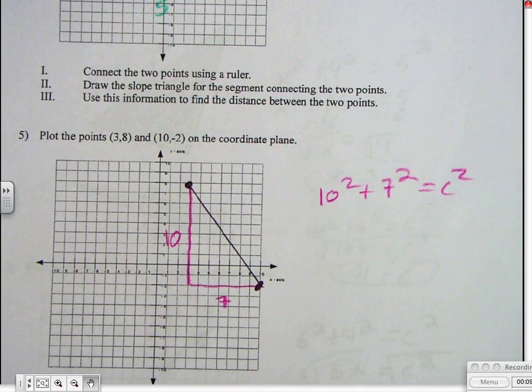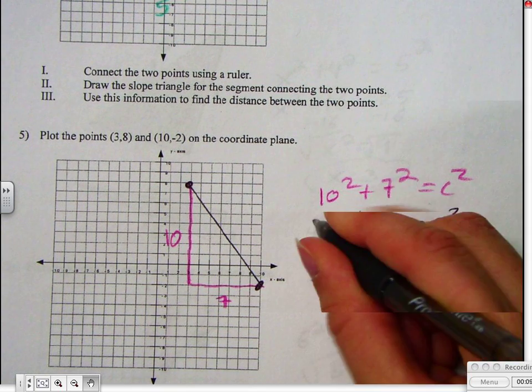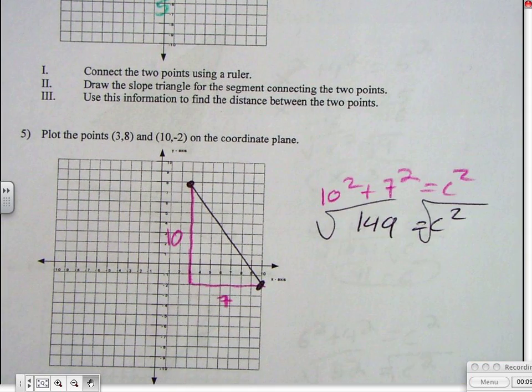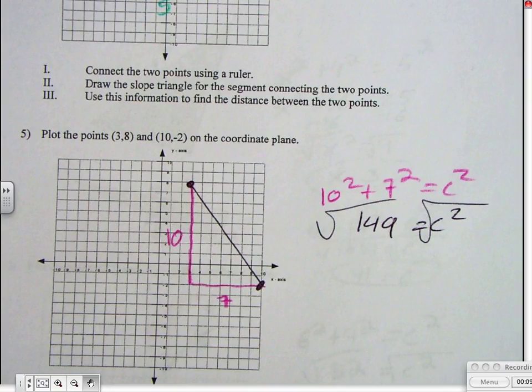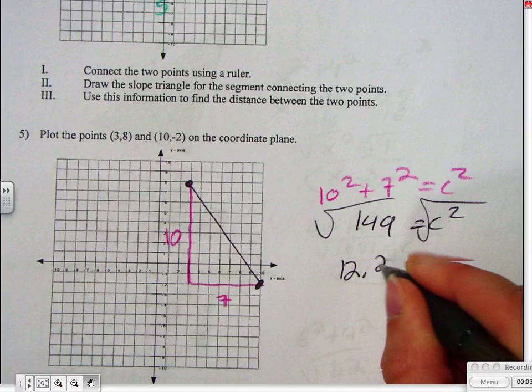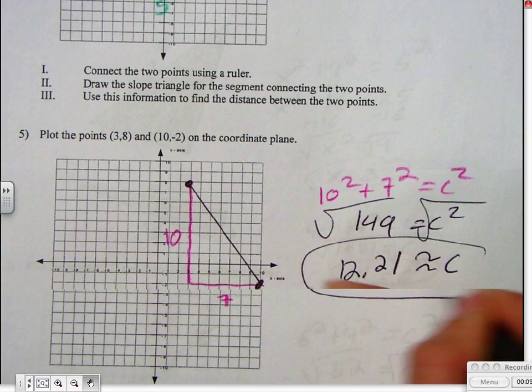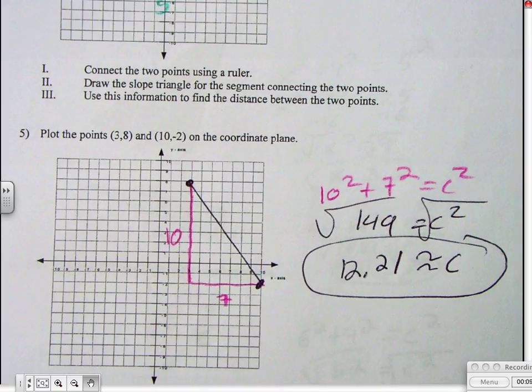So that's 149 equals c squared, so I square root both sides. I get 12.2, and I'm going to round up 1 is approximately c. Pretty simple. You're just doing Pythagorean theorem, right? Okay.